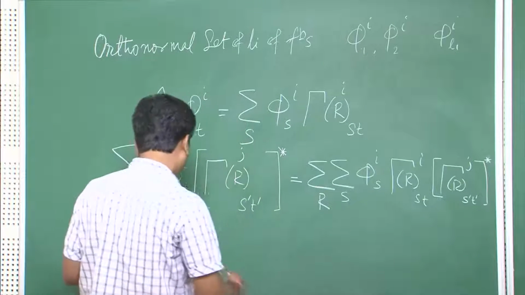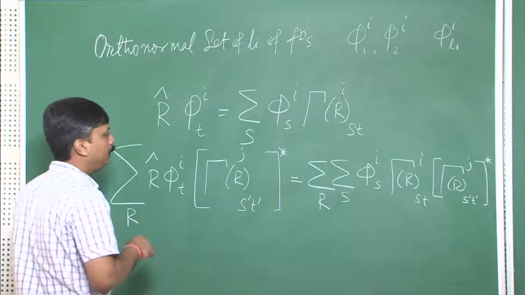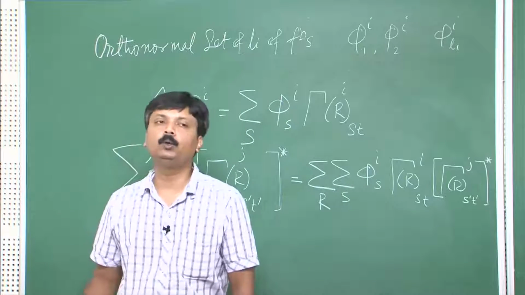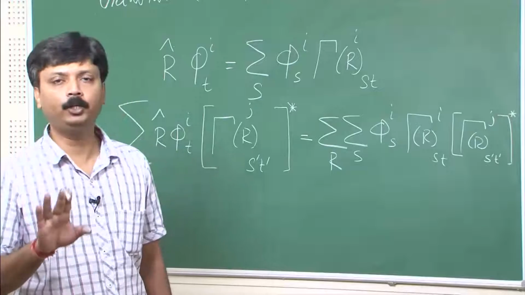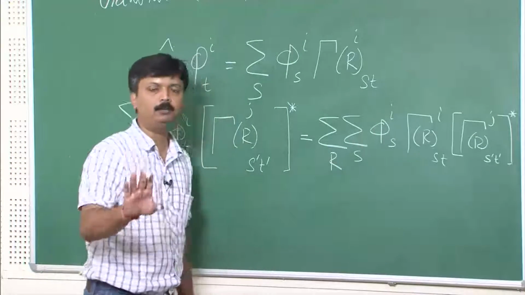Now one thing you notice here, this phi is a function, so it is independent of the symmetry operation, right? So it doesn't clash with the symmetry operation.